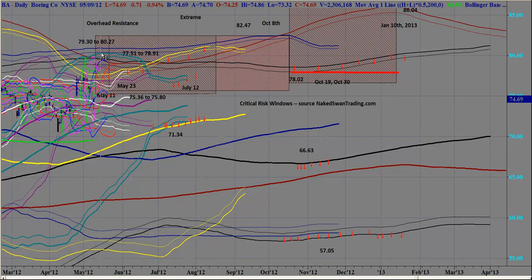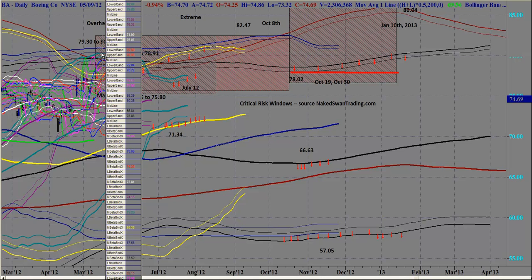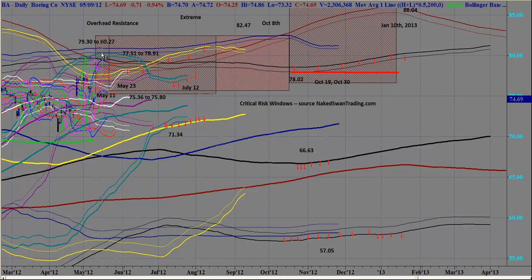That is a perfect area to really look to consider short opportunities. But again, this is not a recommendation. Somebody who does that for a living would likely have enhanced signals around that area if they already have a signal there. But in general, that is extreme overhead resistance for that period.